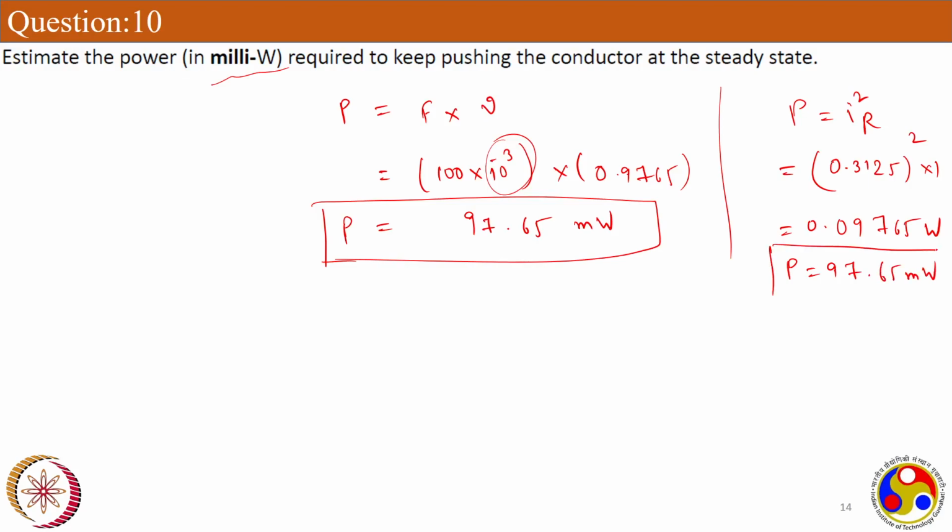So even this way you can solve it simply, if you don't exactly recall the relation between force and velocity with the power. It's always simple to solve using the I square R formula for the power. So this is basically simple numerical problems on the concepts of Fleming's left hand rule and right hand rule. And whenever you are placing a current carrying conductor in a magnetic field, that will experience a force.